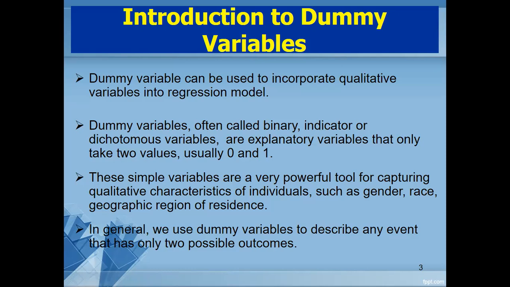We can assign 1 for male and 0 for female, or vice versa. But what you should keep in mind is that dummy variables are important when you incorporate any qualitative variable into our regression model, because they can be used to transform qualitative variables into quantitative variables, right?